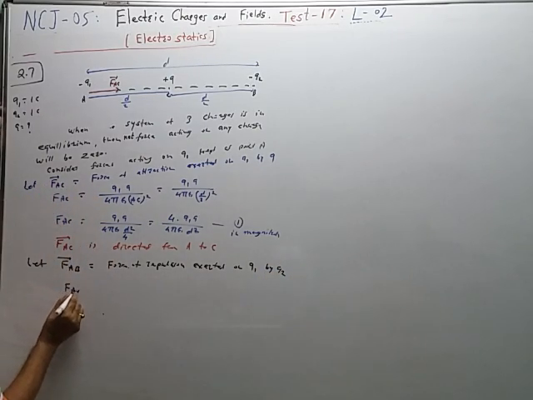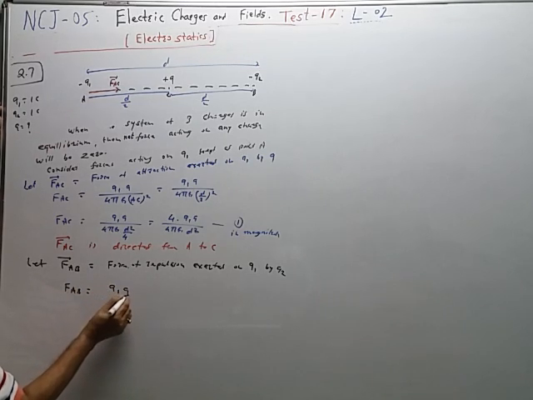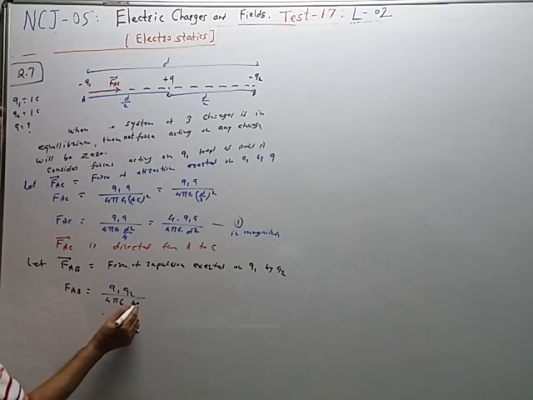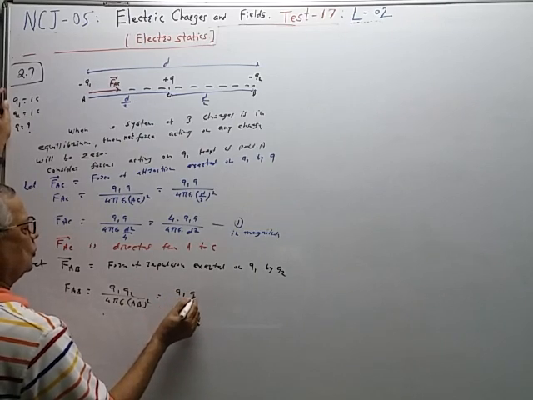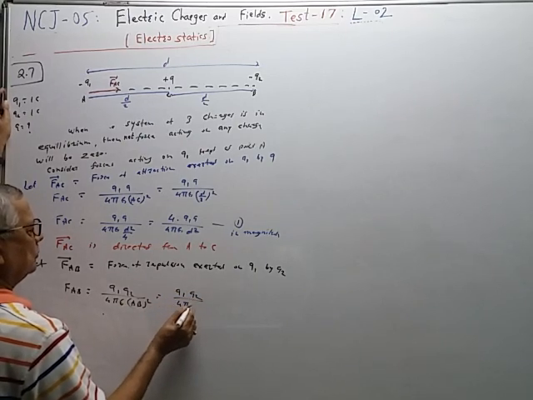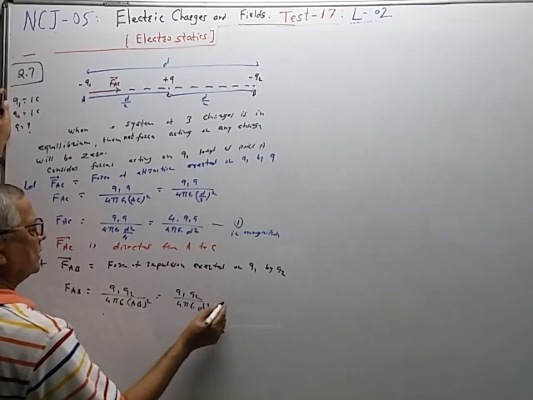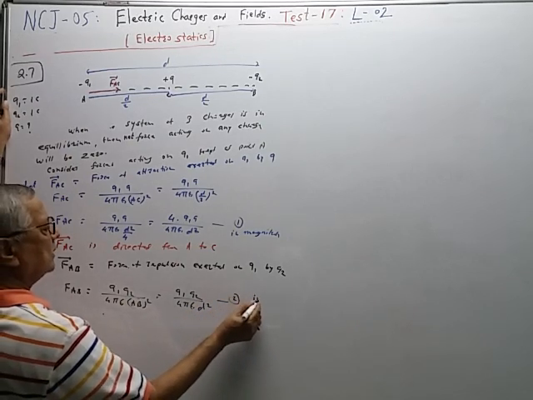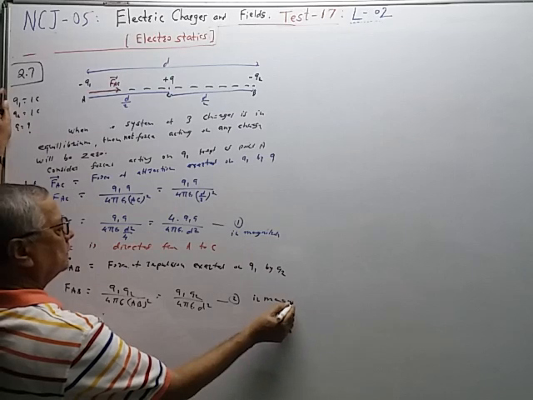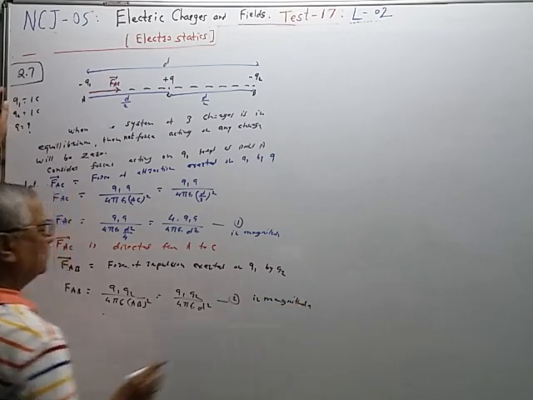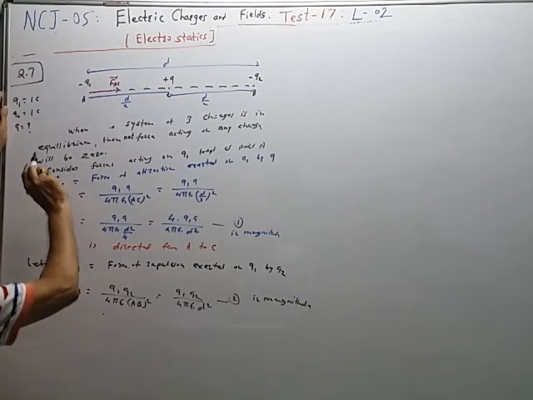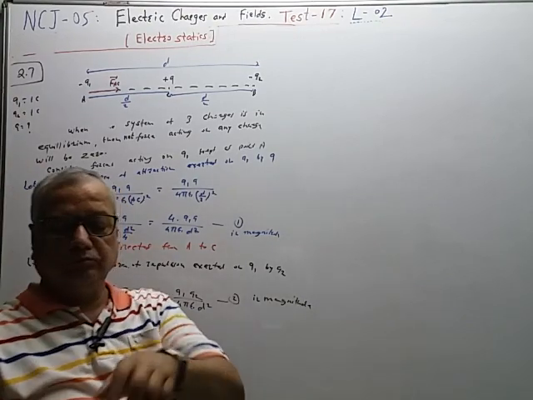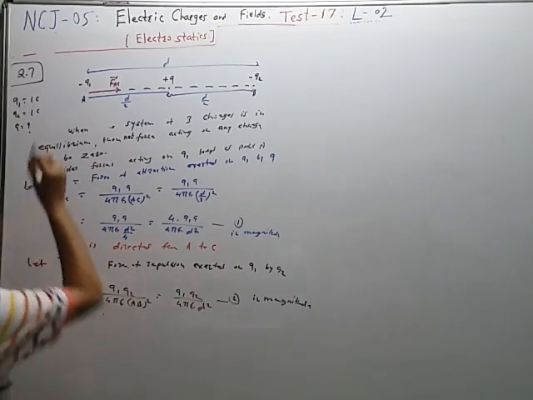Therefore, FAB is equal to Q1 Q2 upon 4 pi epsilon naught AB square, Q1 Q2 upon 4 pi epsilon naught D square. This is equation second in magnitude. So I will show this force like this. It is the force of repulsion.